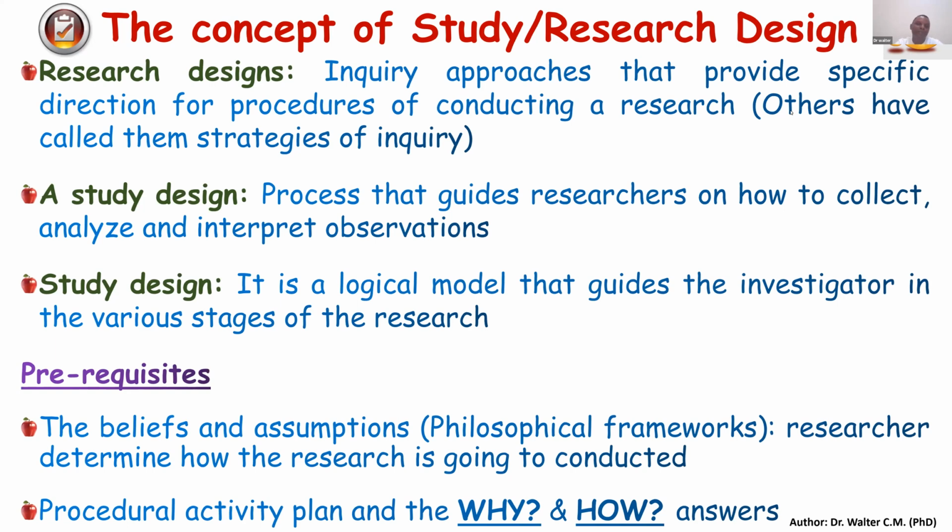How did I opt? You demonstrate that skill to your colleagues, but you can even ask yourself, why did I end up with the descriptive cross-sectional study or the analytical cross-sectional study? If you have these why and how answers, this will help you confirm that this study design is appropriate to my research.